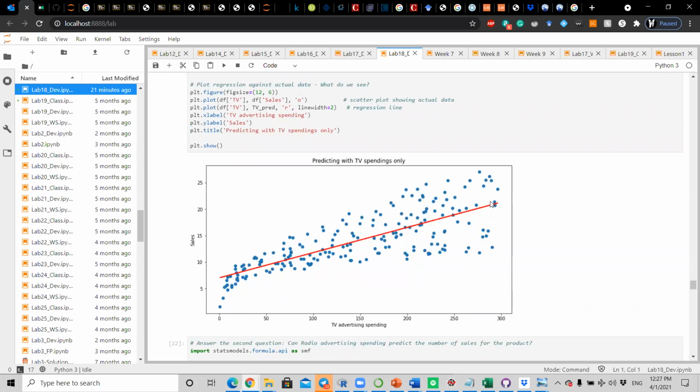Based on what we got for our covariance, we can see that it's a strong relationship, but it's a little bit weak. Why would you say that it's weak?